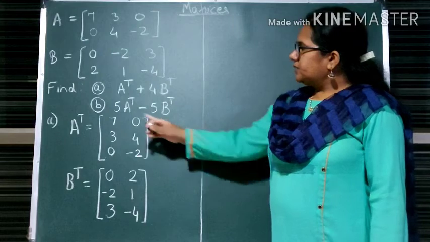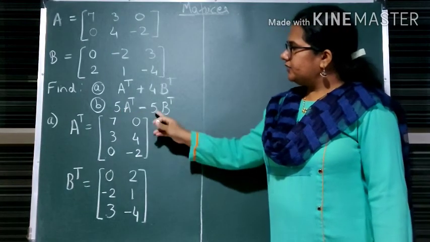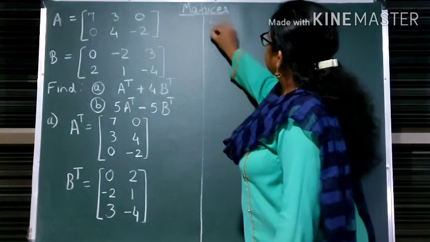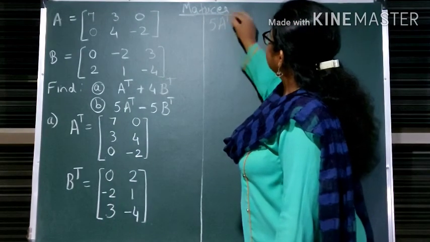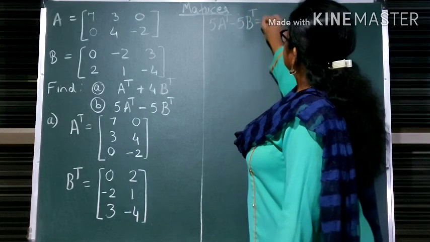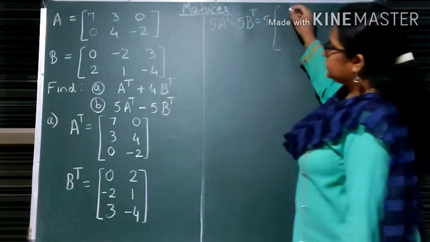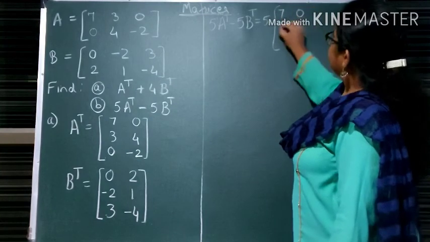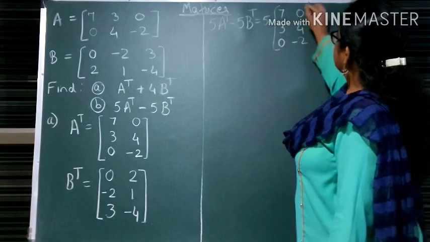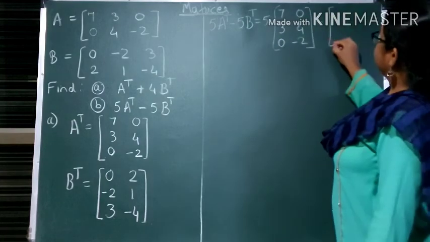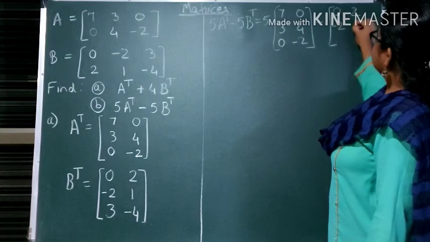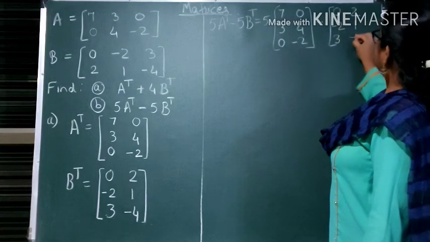For the second part, what you have to find out? 5 into A transpose minus 5 into B transpose. So 5 into A transpose is 7, 0, 3, 4, 0, minus 2, minus 5 into B transpose is 0, 2, minus 2, 1, 3, minus 4.